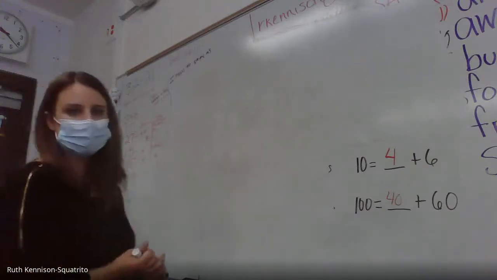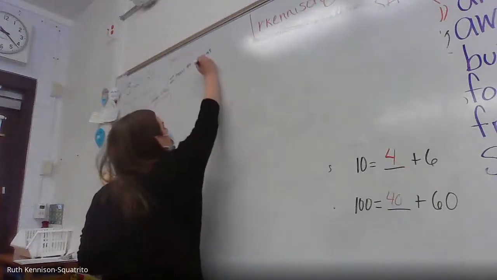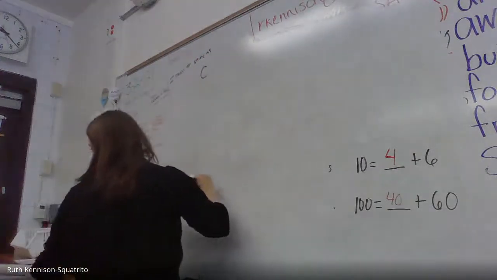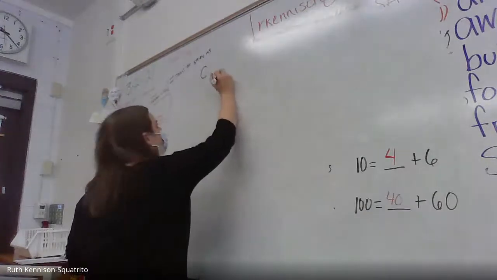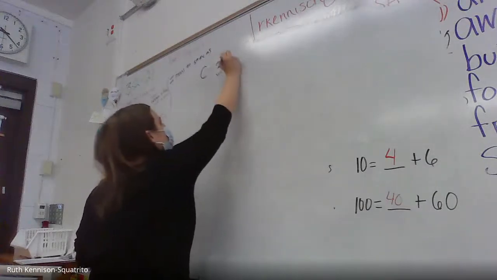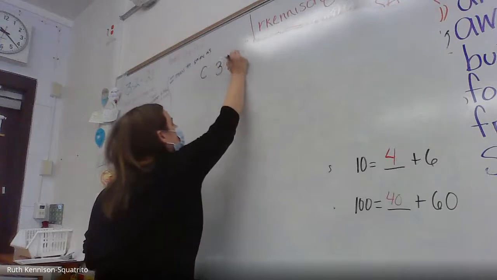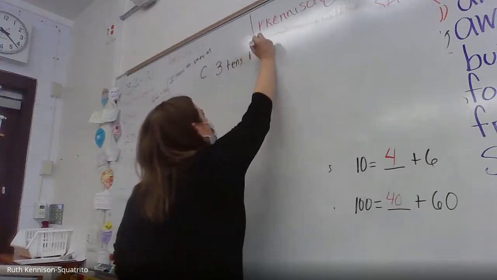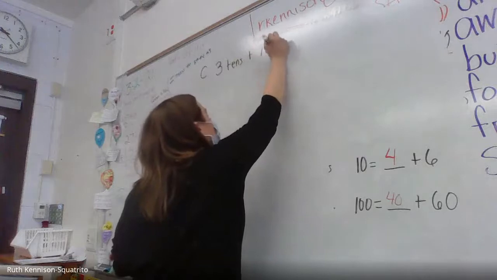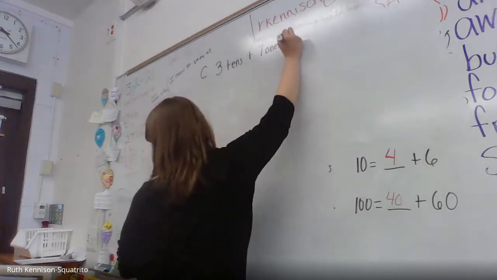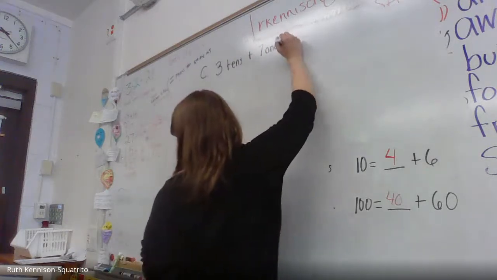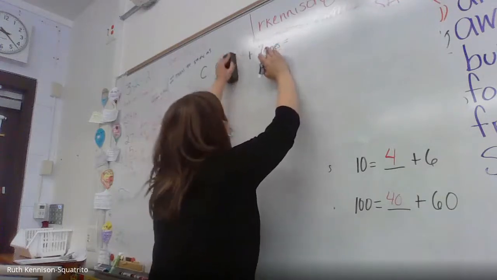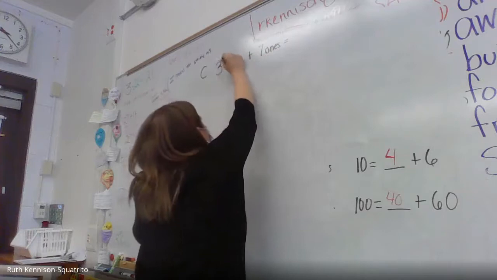Okay. And now, so now we are on C, and I'm going to put that up here. And this one gets a little bit trickier. We don't need to freak out still, but we might need to think a little bit more. Sorry, Miss Kennison. I was like, what? Why am I mixing 10s and 1s? I shouldn't be.